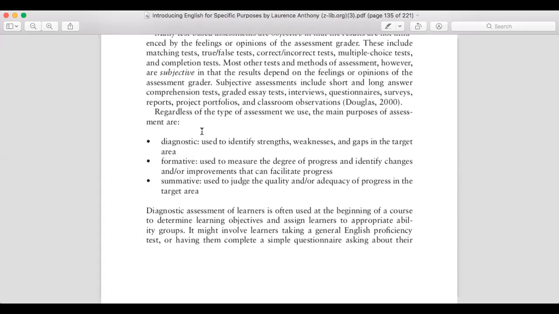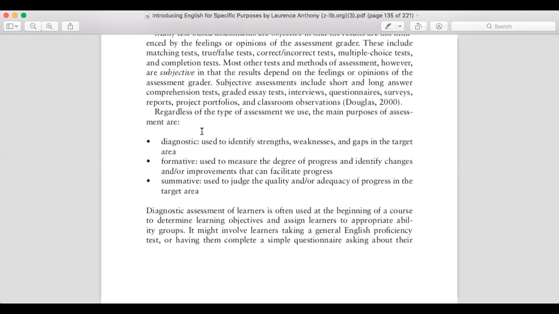When we are talking about ESP, based on the needs of the students, we would be looking at the gaps that the students have in the target area. We don't say the target language, because we are not teaching ESP students the whole language as a whole. We are teaching them what is their requirement as far as the language is concerned.